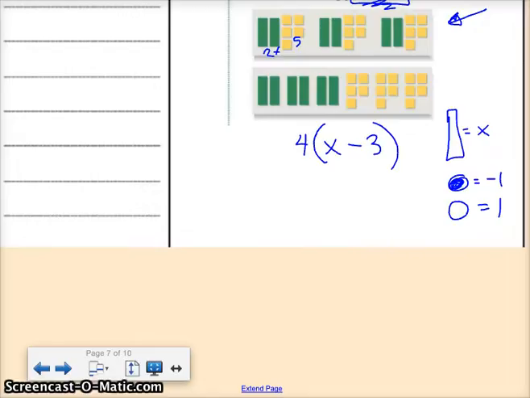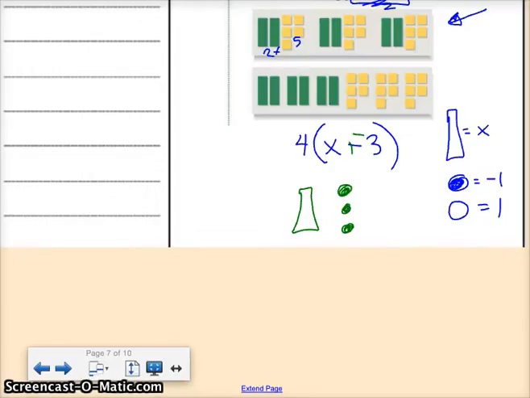So this means 4 groups of x minus 3. So I want to make x minus 3. That would be 1x. And then this is a -3. So I want 3 negatives. So it would be colored in circle, colored in circle, colored in circle.